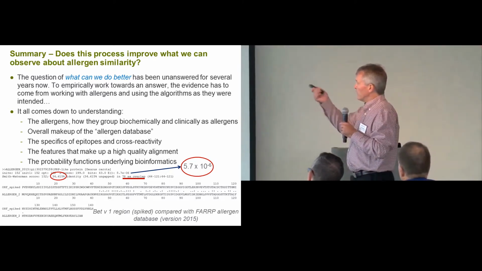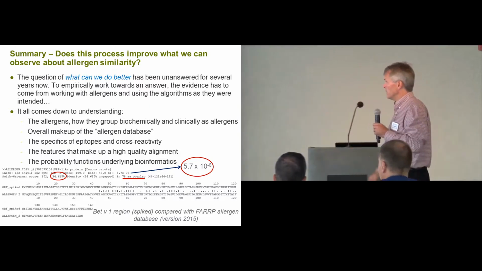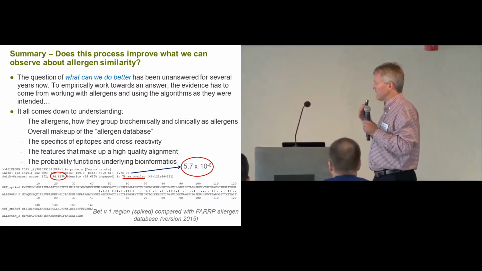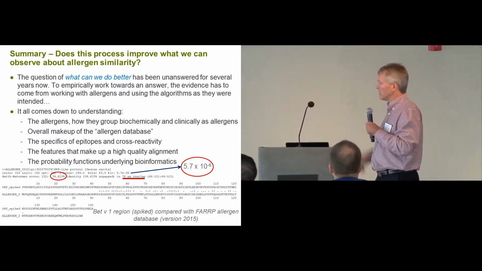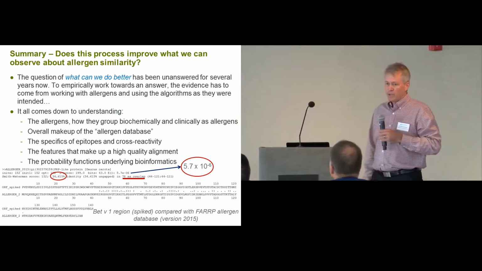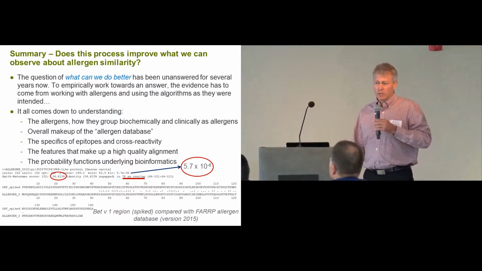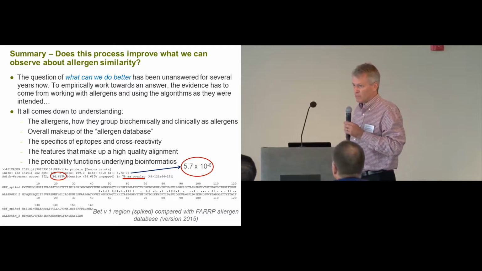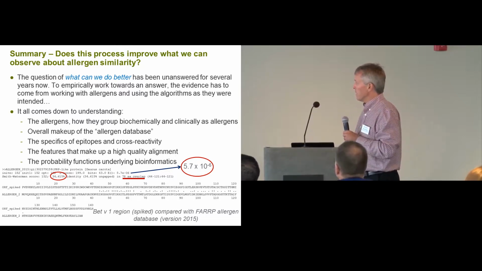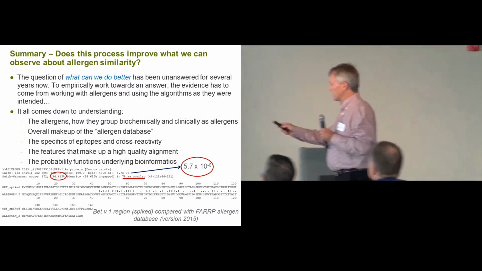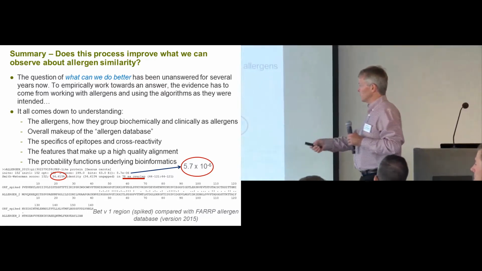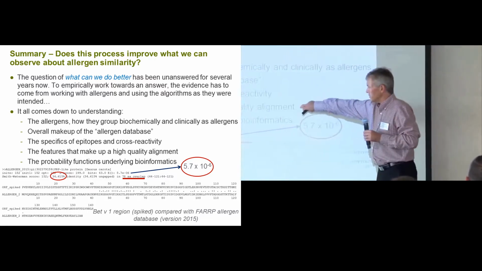And so we know we need to understand the allergens themselves better, how the database is made up at the sequence level. Certainly epitopes have not been discovered for most allergens. That would, of course, make this work even possible. And then, ask even with more sophisticated tools, what are the features that make up a high-quality alignment?